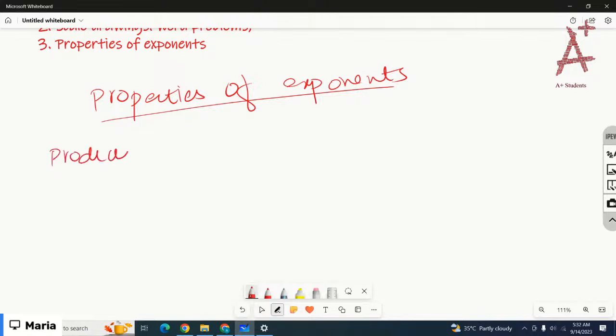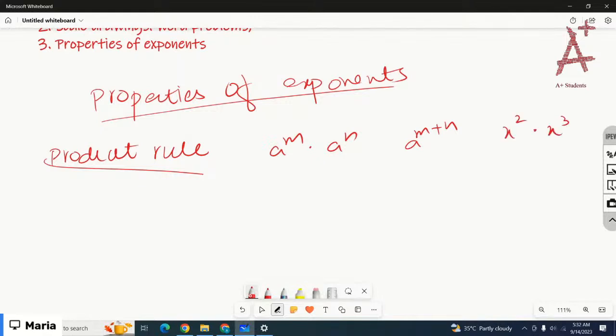That means if they have the same base, like a^m and a^n, you can see both have exactly the same base. So when they have the same base, you simply add their exponents. It would be a^(m+n). For example, you have x^2 and x^3. You get x^5.